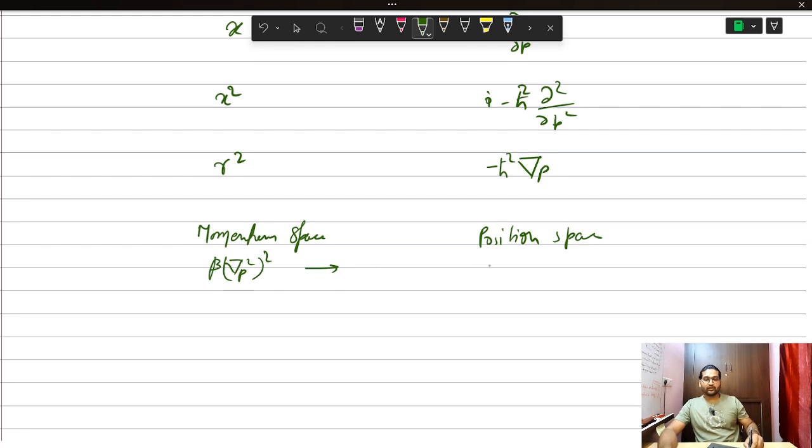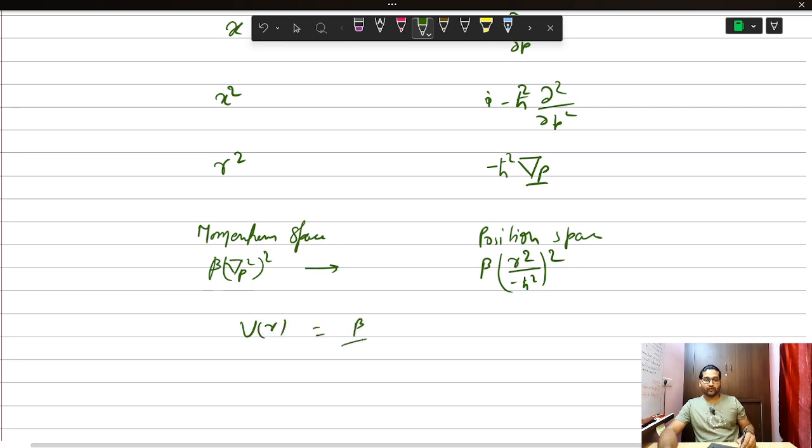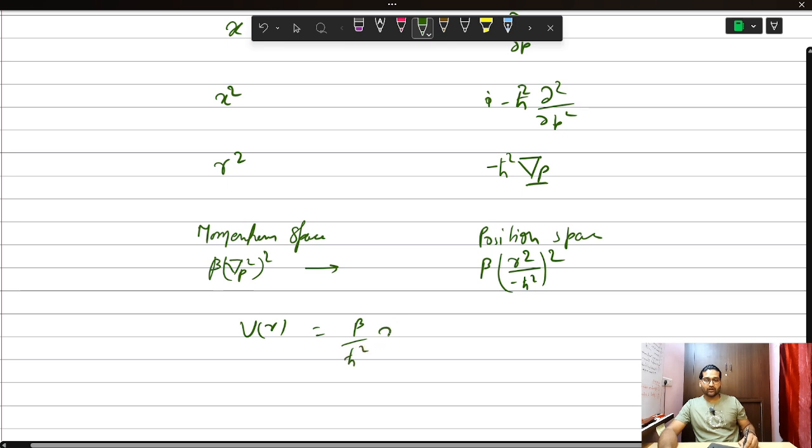So let's write beta first. Then del p would be r squared upon minus h cut squared, whole squared. So the potential, which is a function of r, can be given as something like beta upon h cut to the power 4 times r to the power 4.